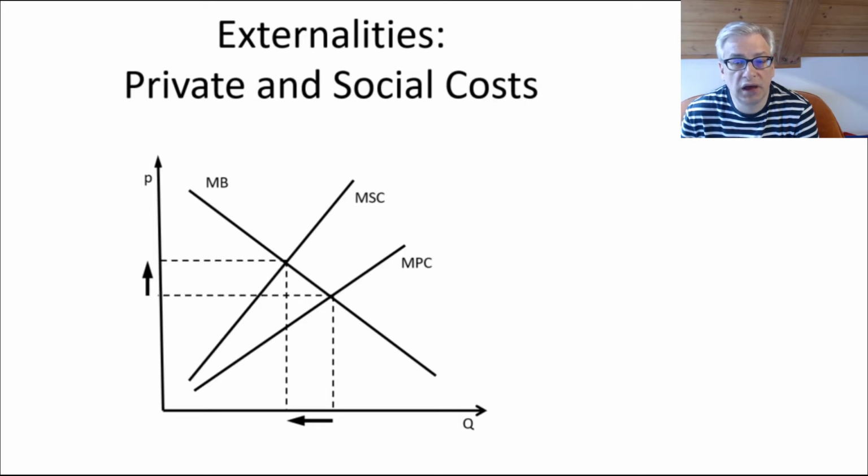You can see the MB curve here, the marginal benefit curve, that actually represents demand. Demand is connected to benefits that buyers can derive from goods they buy. MPC represents supply. It represents marginal costs, but actually these are marginal private costs that we are talking about.